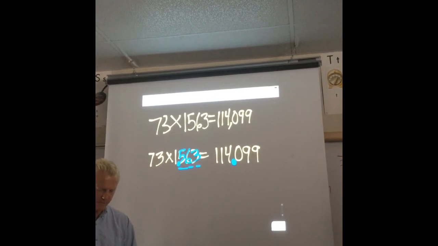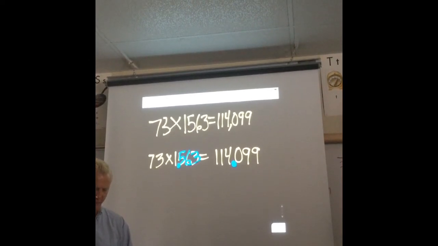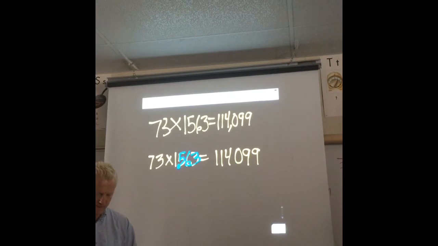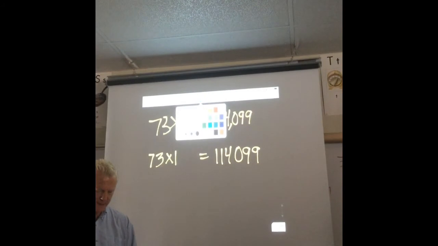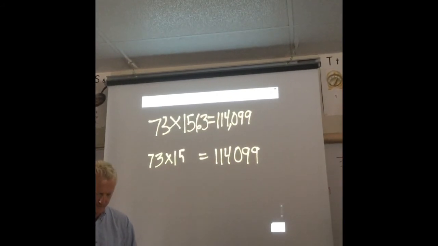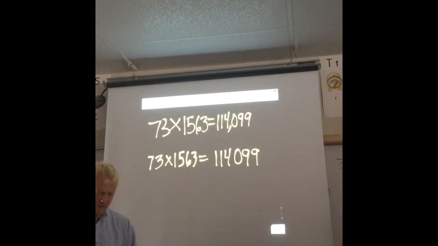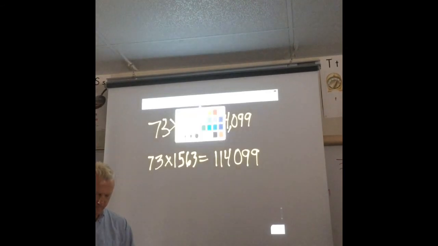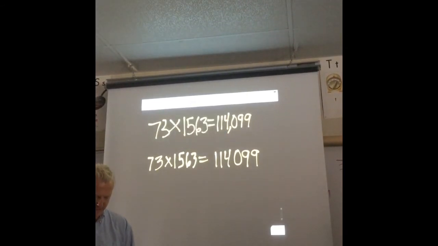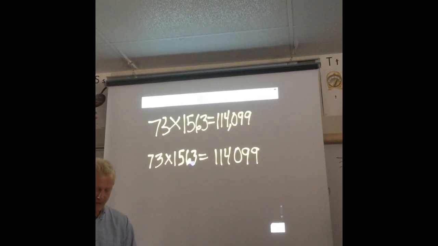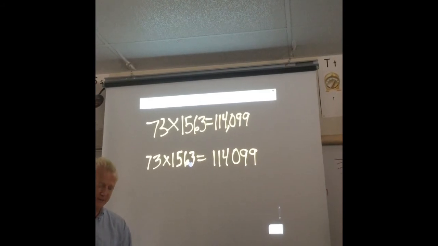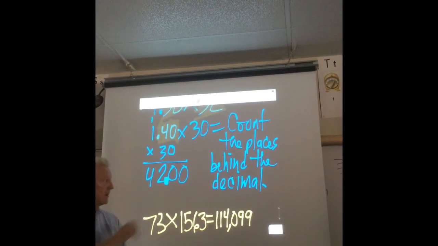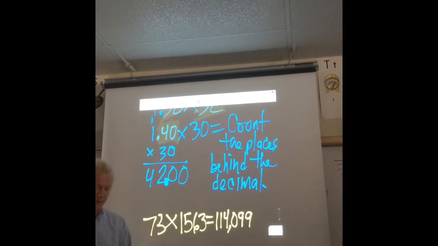What I'd like to do is change it slightly for you, okay? Let's say I put my decimal, and I'll do it in purple this time. What if the decimal is in between the 6 and the 3? Where does the decimal go then in my answer? Count the places behind the decimal.